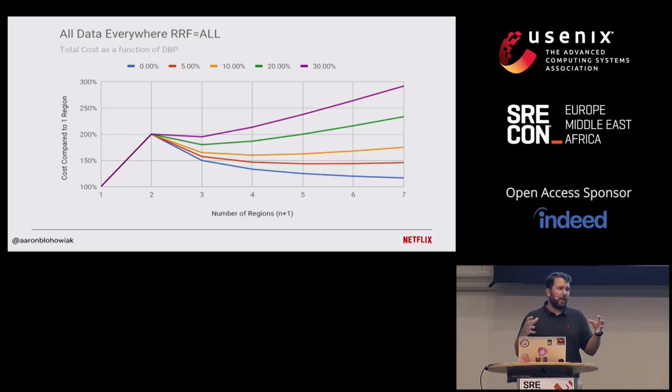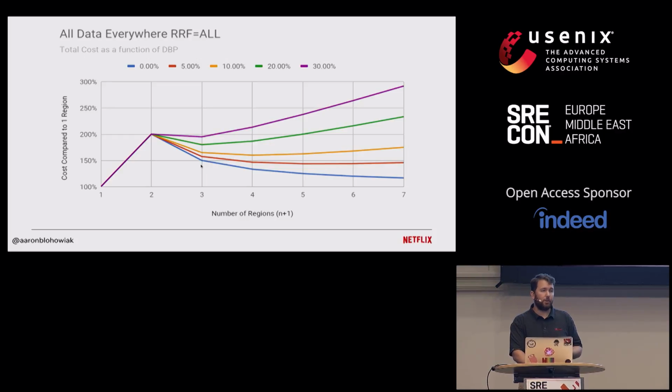So the larger that your database footprint is, the more expensive it becomes to run in multiple regions. The reason I chose 2+1 as the example before is not only that that's how we run, it's also this very common knee in the curve for these things. For some applications where your database portion is lower, 4 may be the magic number for you with all data everywhere.